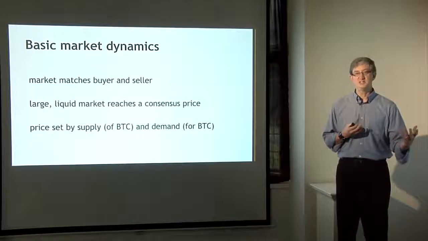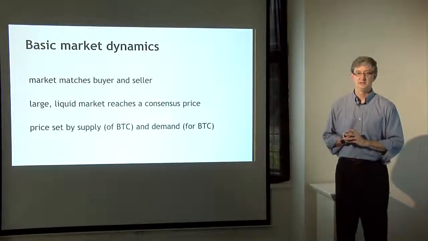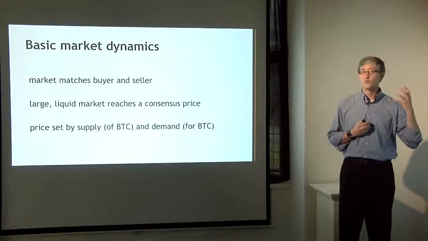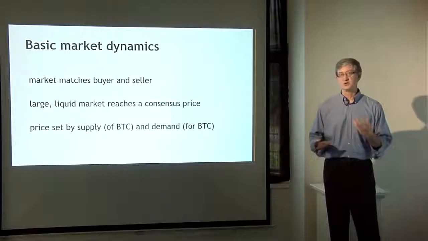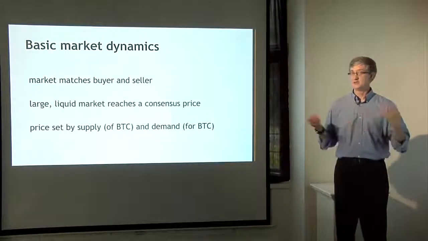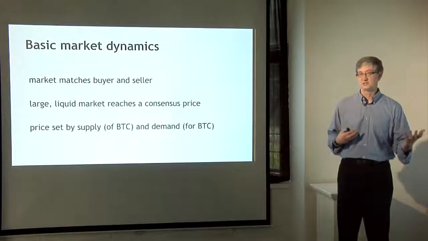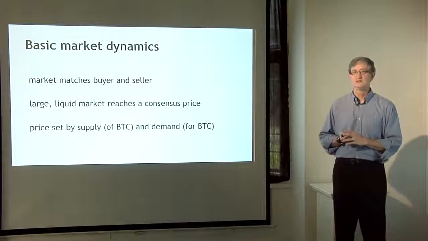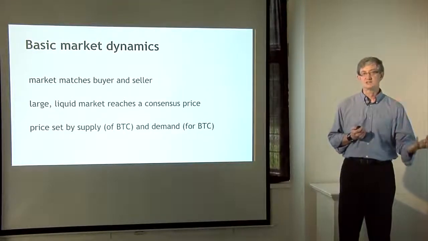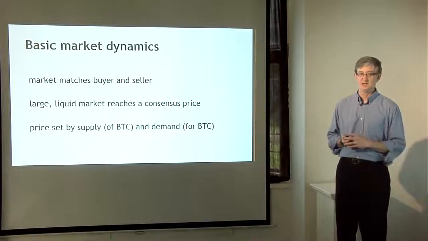Okay, now this is a market, as I said. And the market matches buyers who want to do one thing with sellers who are willing to do the opposite thing. It's a relatively large market, meaning millions of US dollars per day pass through it. It's not like the New York Stock Exchange, or it's not like the dollars to euros market, which is vastly larger. But it's relatively large so that there is a notion of a consensus price, and that a person who wants to come into this market to buy or sell a modest amount at least will always be able to find a counterparty.